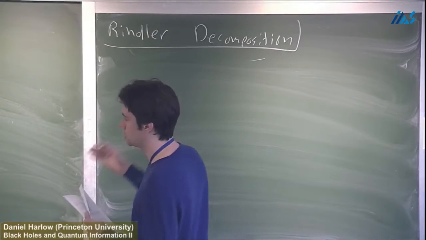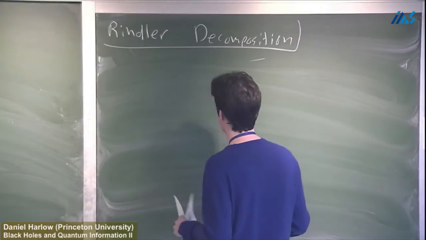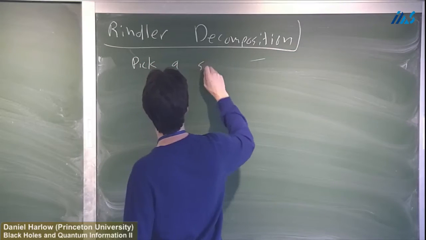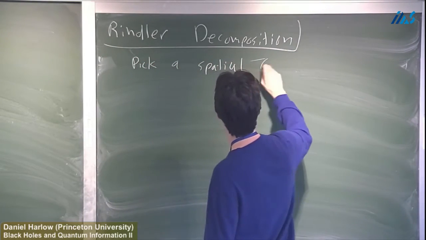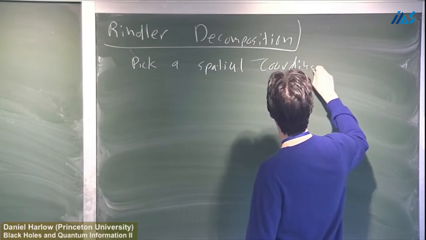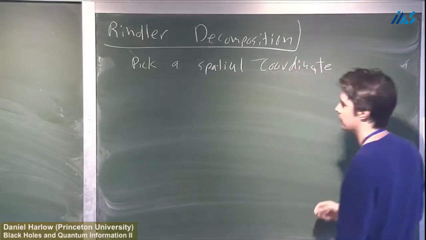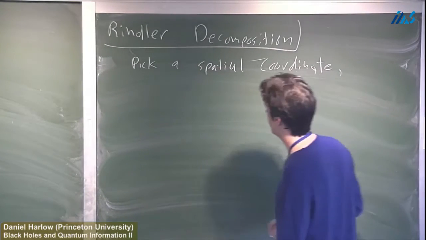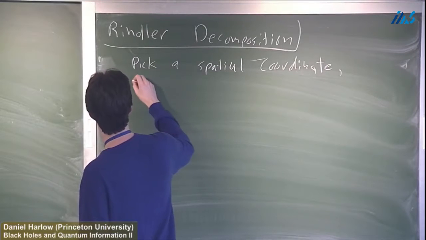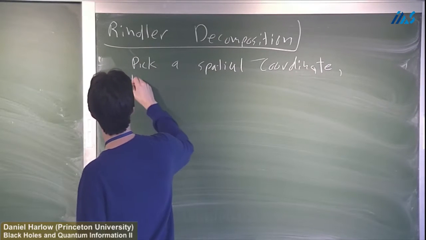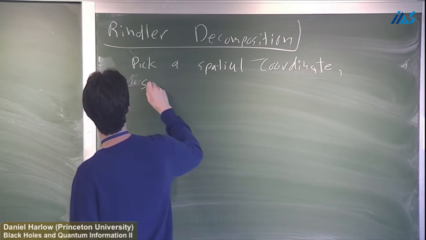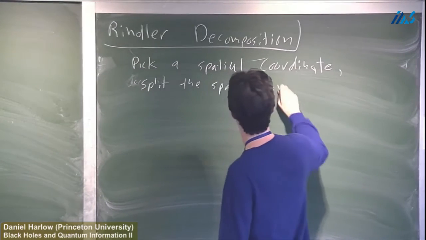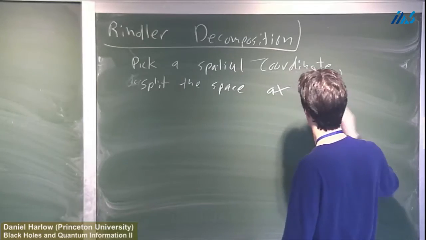Let's try and do something more explicit in quantum field theory. So the idea is you pick a coordinate, pick a spatial coordinate. The obvious one, let's call it x. Then decompose, let's say split the space at x equals 0.